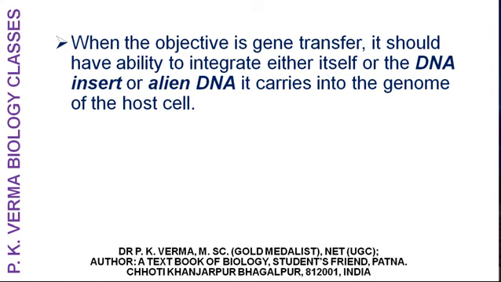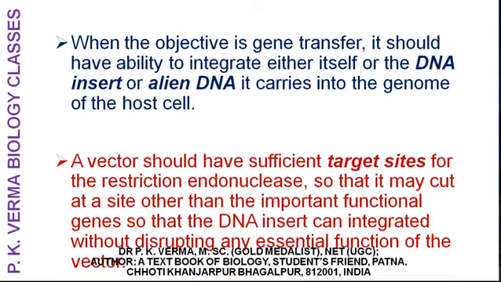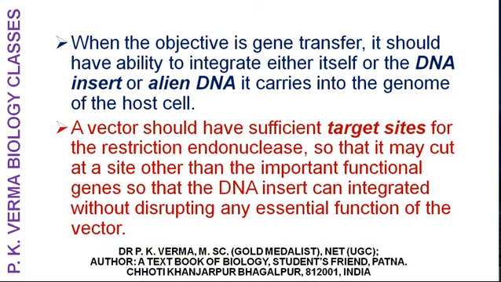It must become integrated into the host cell's DNA. A vector should have sufficient target sites for the restriction endonuclease so that it may cut at a site other than an important functional gene, so that the DNA insert can integrate without disrupting any essential function of the vector.